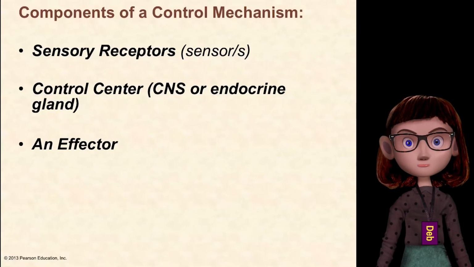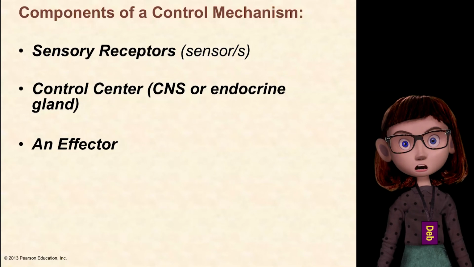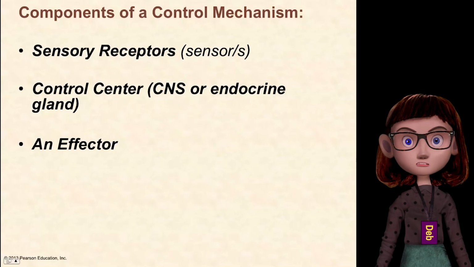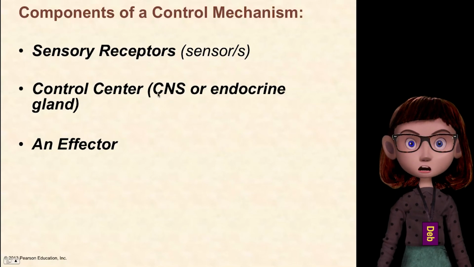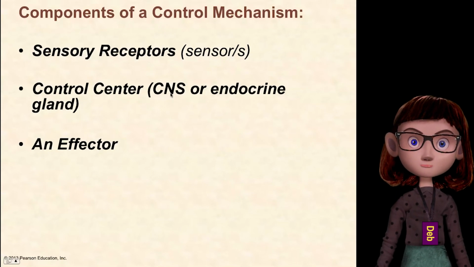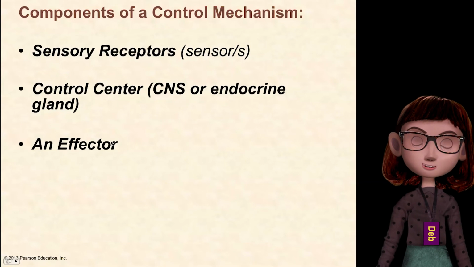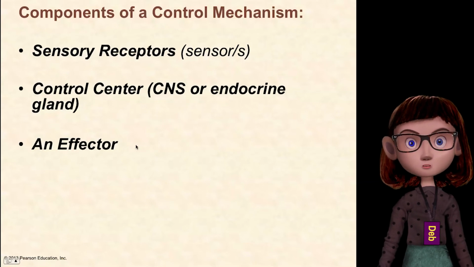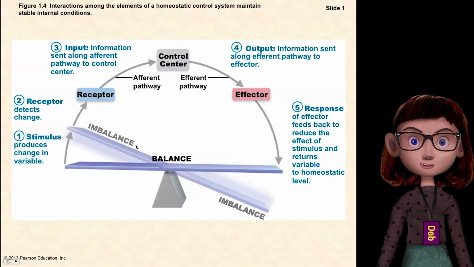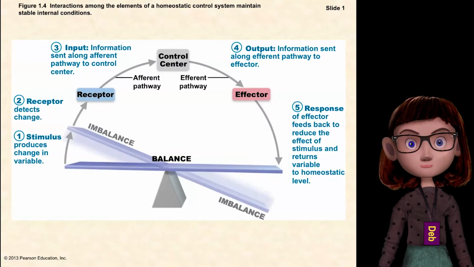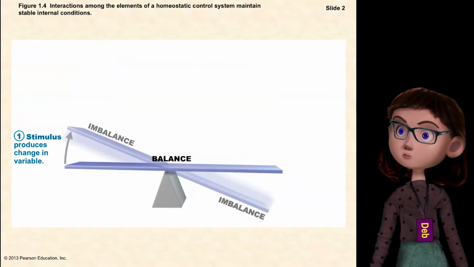The components of a control mechanism would be sensory receptors or sensors, a control center which will be either in the central nervous system, typically the brain, or an endocrine gland, and then the effector. The effector causes an effect. And you can see with this illustration, it's a step art, so I'm going to go to the first one.